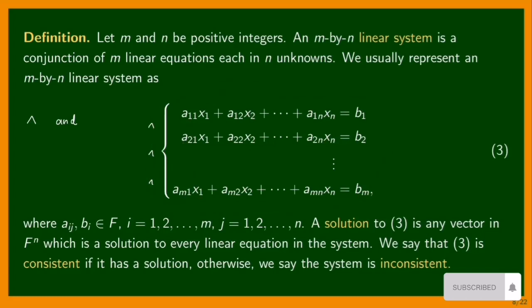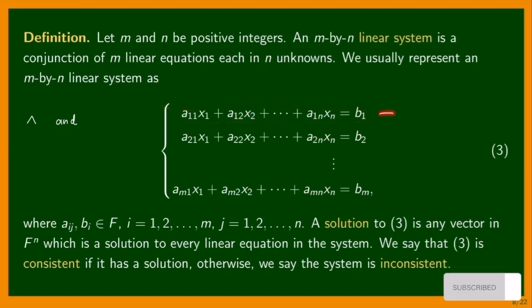We usually represent an m by n linear system in this way. Notice that for the coefficients of the unknowns, I am using two subscripts as a convenient notation. Why? Because here, the first subscript represents the order, or in what equation that coefficient appears.